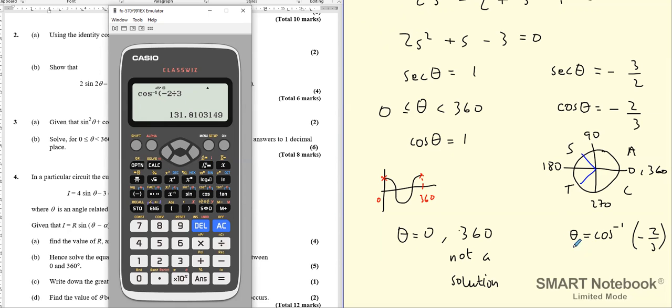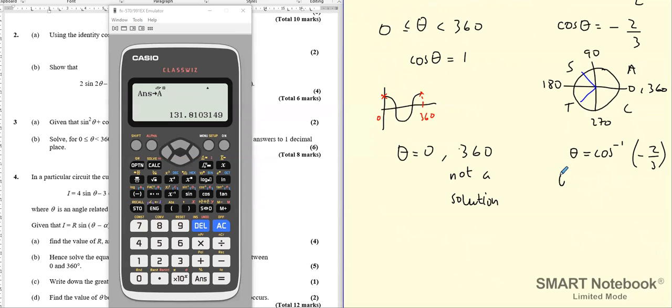we get 131.8, which I'm going to store in A in case I need to use it and I don't want to lose accuracy later on. So theta is equal, so that then tells me the angle from the horizontal line on this cast diagram, either this angle is 131.8 or this angle here is 131.8.